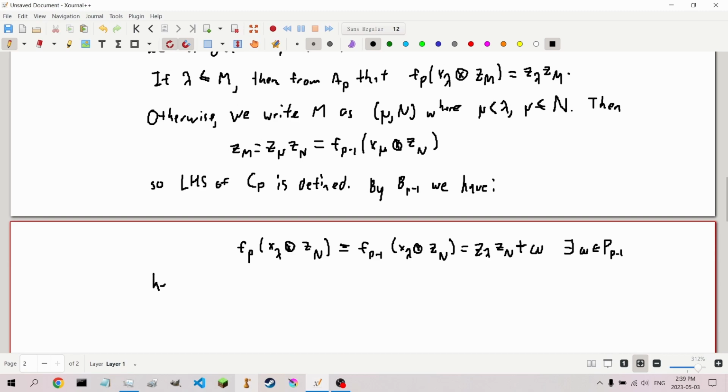And this gives us the right-hand side. Keep in mind with swapping the order and then adding that with the Lie bracket of the z's. So that's going to give us z lambda, z mu, zn.